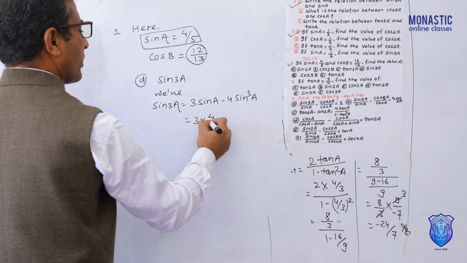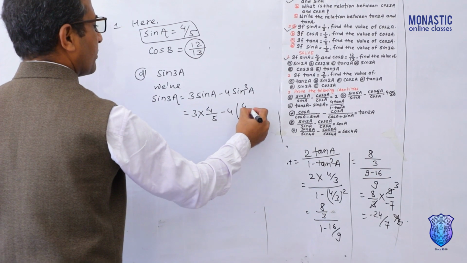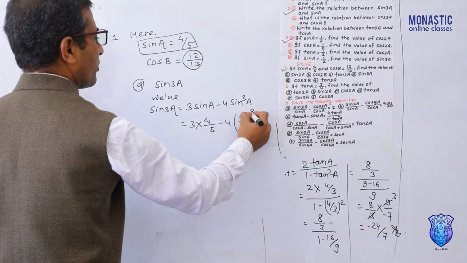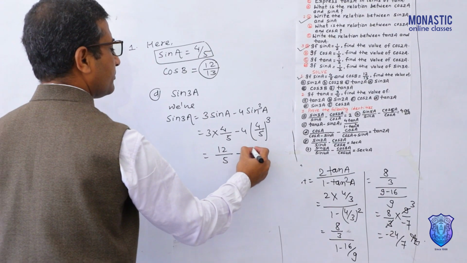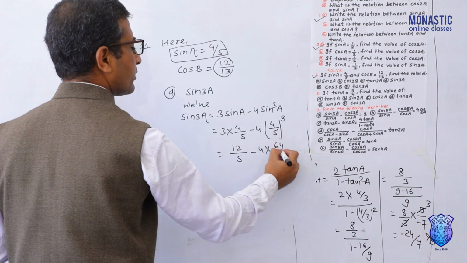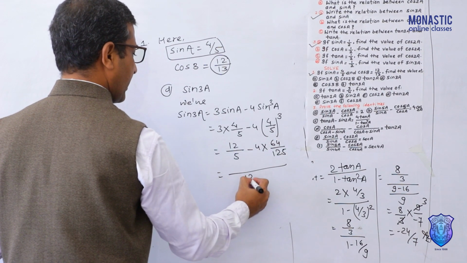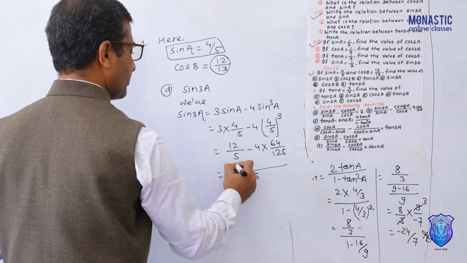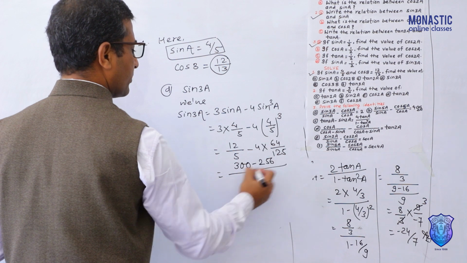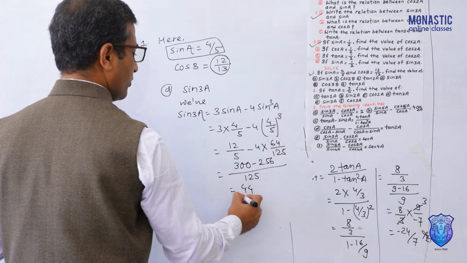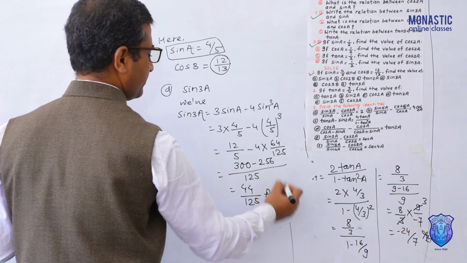Sin A is 4 by 5. Sin cube A, its cube, 4 cube is 64 and 5 cube is 125. Take the LCM. 12 by 5 becomes 300 over 125. It came to 236, that is 44 by 125.